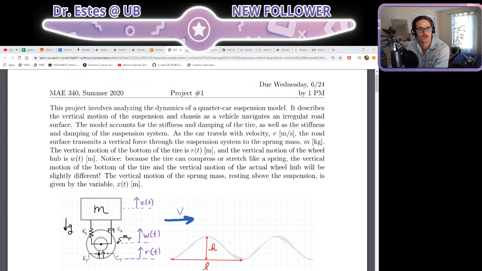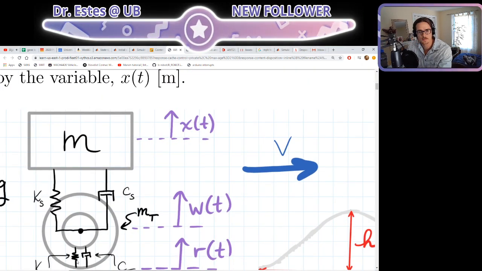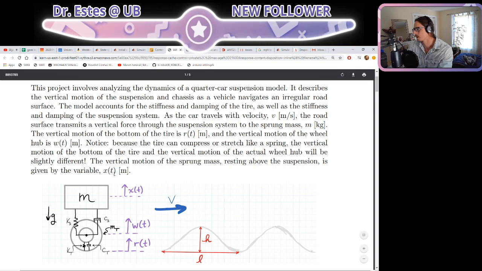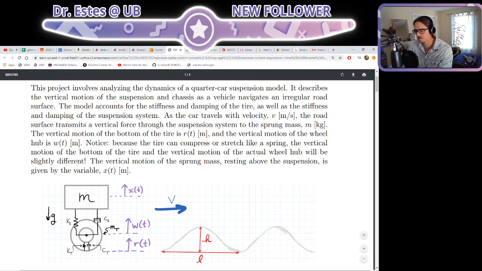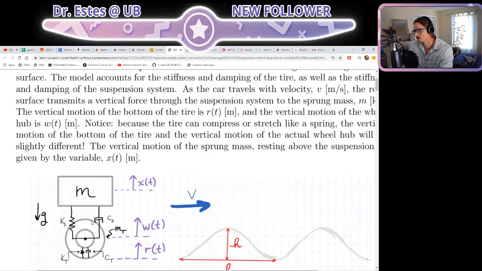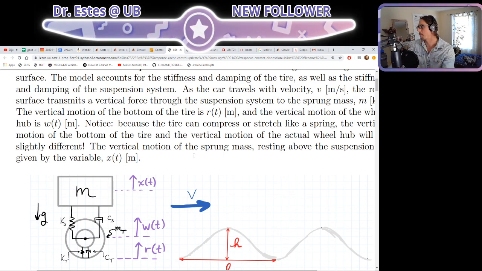So the model accounts for the stiffness and the damping of the tire. You can see a little damper and spring down there, and that represents the stiffness and damping of the tire itself. And it also represents the stiffness and damping of the suspension system. So those parameters are KS and CS.